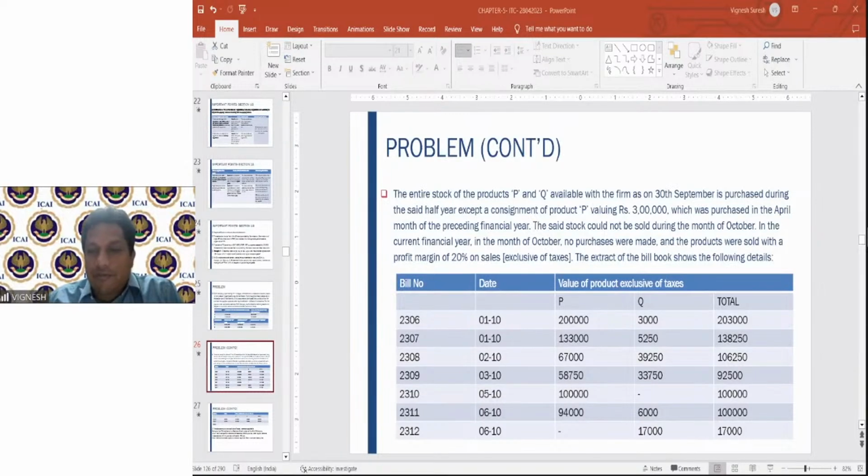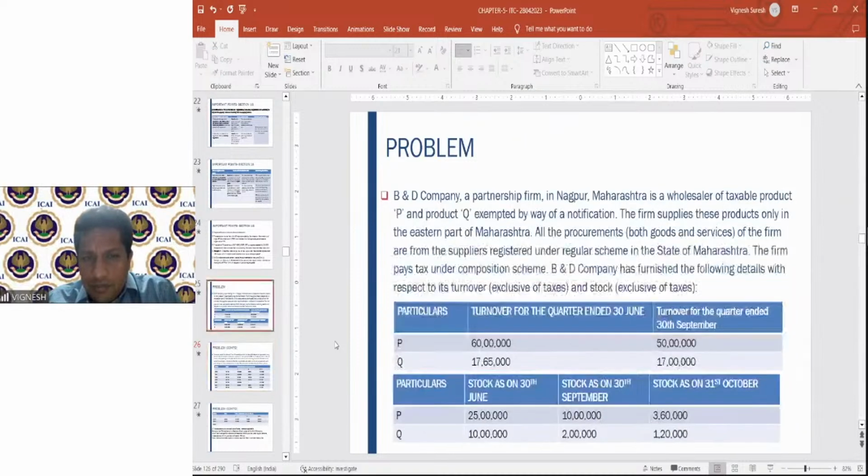Again, for the purpose of threshold, both the taxable and exempt supply are to be taken. So turnover for June and September you have to take into consideration. So 60 lakhs plus 50 lakhs plus 17 lakh 65,000 plus 17 lakhs.